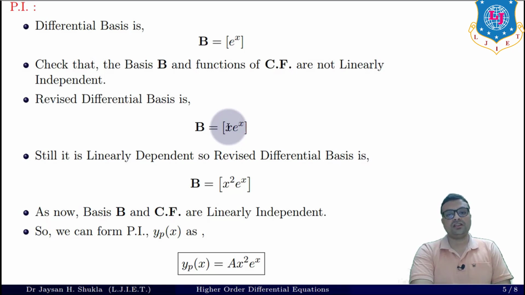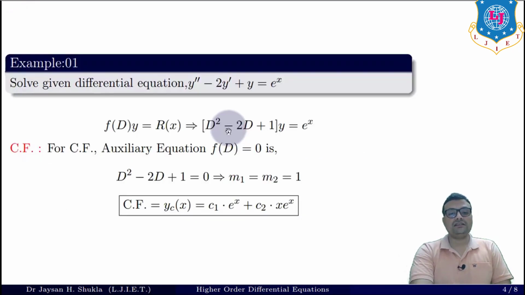Here you can see it is x e raised to x, and the dependency on e raised to x is now converted into independency, but this second part, x e raised to x, is now repeated, and therefore we need to revise our differential basis once again.